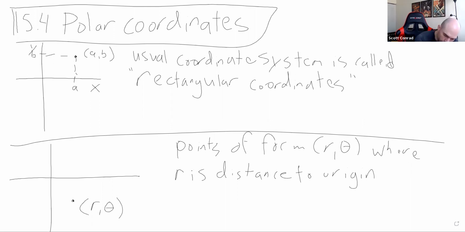So graphically, if we look at our point, the distance to the origin is our r. Let's pretend that line connects it to the origin. I cannot do it, apparently. There we go.